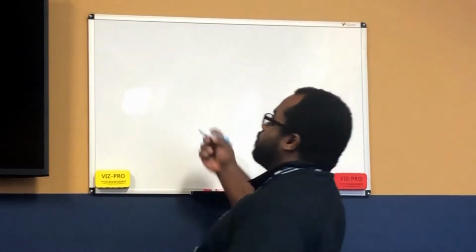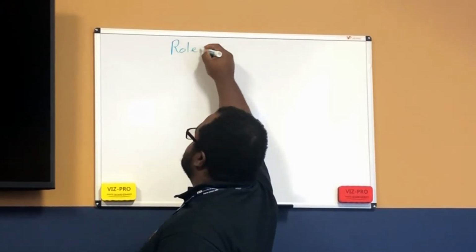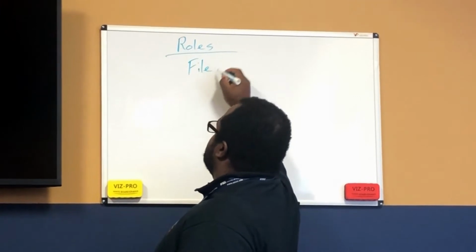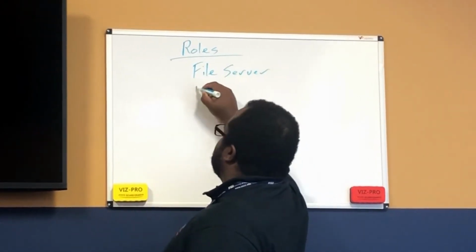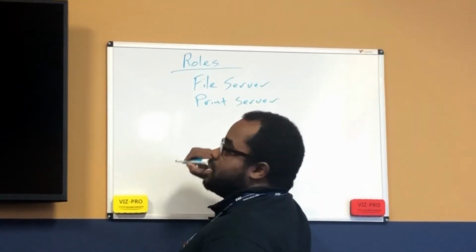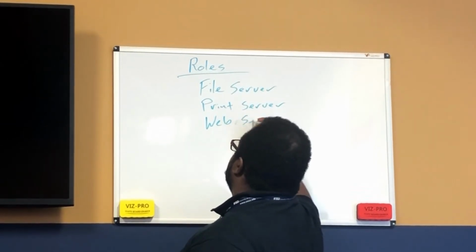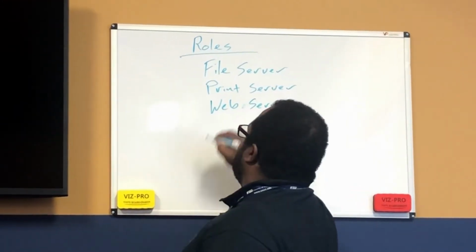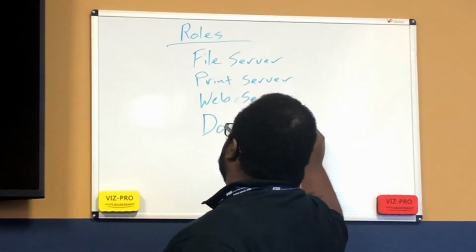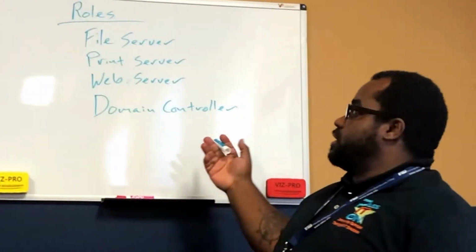Some of the common server roles that you'll see in the Windows operating system are a file server, a print server, a web server, which is another common one, and another one called a domain controller. There's a bunch of other server roles too, but these are some of the high flyers.